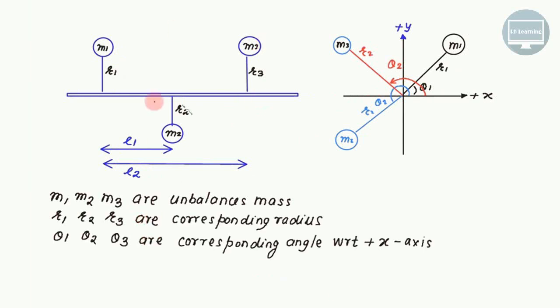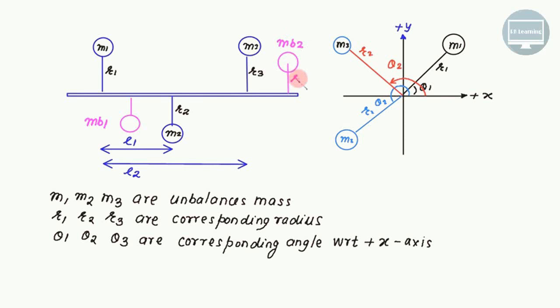To balance all these masses, I require only 2 balancing masses. Let me show one balancing mass somewhere here, and the other balancing mass I will attach here. I don't know the mass of these, so let's say this one is MB1 and this one is MB2.